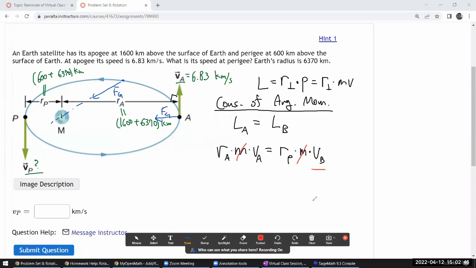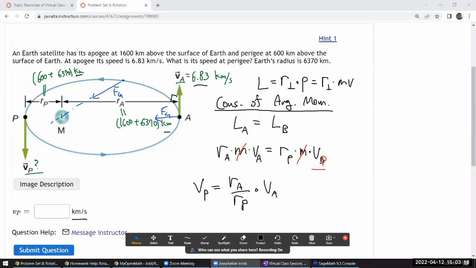So I can just solve for the speed at perigee. The expression for speed at perigee is equal to the ratio of the two distances, RA over RP, times the speed at apogee. Because of these ratios, I'm just going to rely on the units to cancel out, and the final answer I want is in kilometers per second, so I'll plug this directly in.